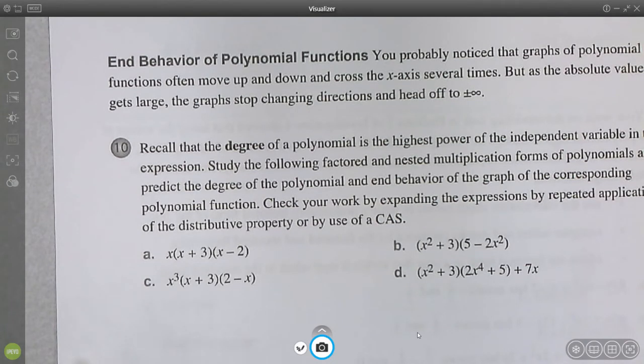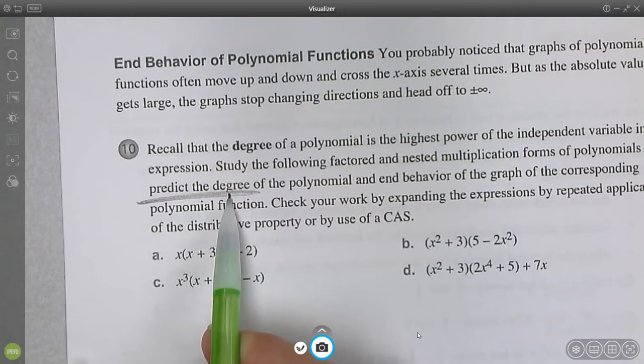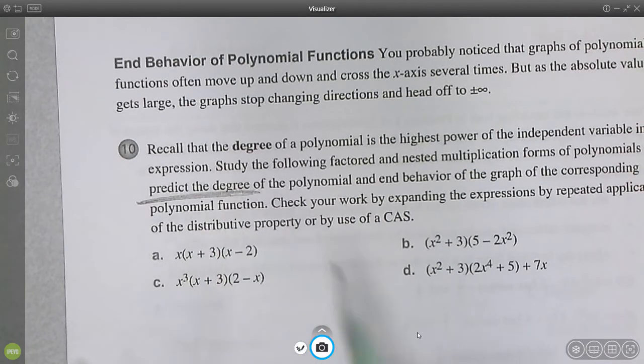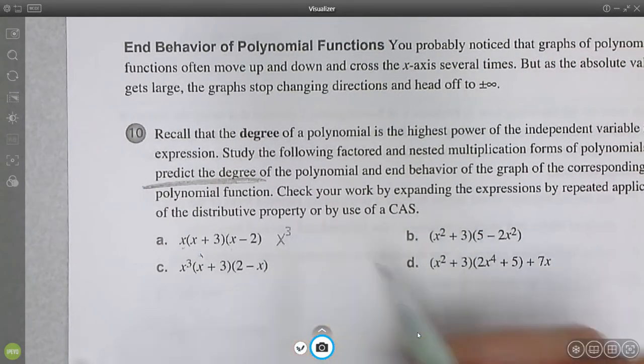And what does this want you to do? Okay, it wants us to predict the degree. So degree is the highest power. Let's do this first one together. If you take this x times x plus 3, you'll end up with x squared plus 3x. Then if you multiply that by x again, you're going to end up with x to the third.